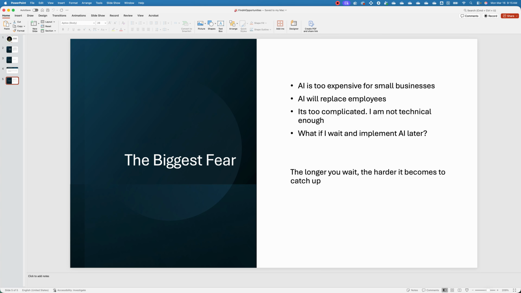One of the biggest fears that stops SMBs from adopting AI is, and I don't know where they get it from, most of the people I speak with say AI is too expensive for a small business like mine. Or they'll say, I have a couple of employees and I don't want to get rid of them just because of using AI. So basically, they are saying AI will replace employees, right?